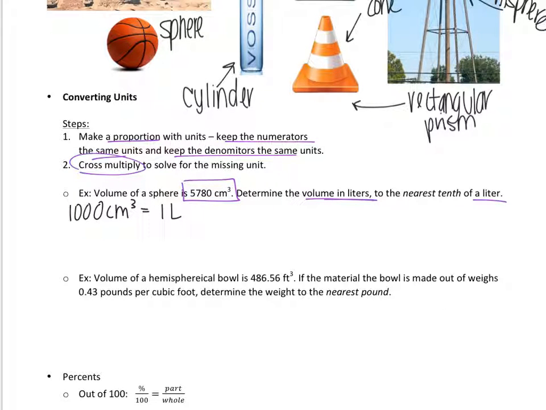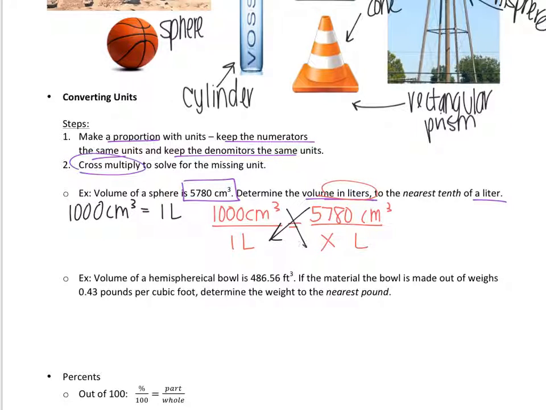So we transfer that equation into a fraction, where we put 1,000 centimeters cubed over 1 liter. And then we say equals, centimeters cubed are on top, so we need our volume in centimeters cubed, 5780 centimeters cubed. And we're looking for the volume in liters, so we say x liters.